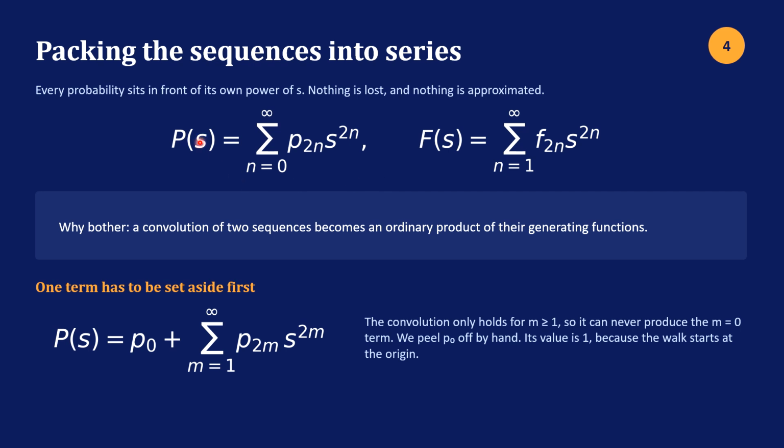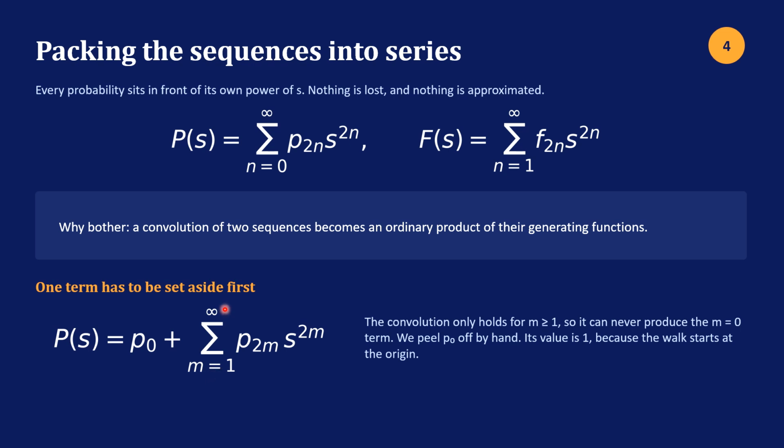And then one small point, which I mentioned on the previous slide: in order to capture this properly, we want to split off the P0 term, and then you just have the rest of this, from n equals 1 to infinity. I changed the subscript, but it's the same idea.